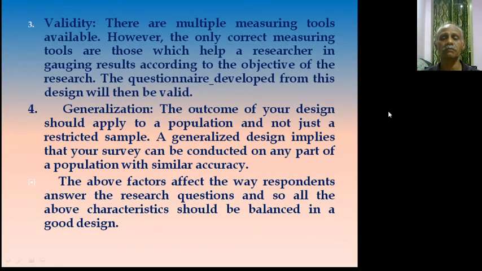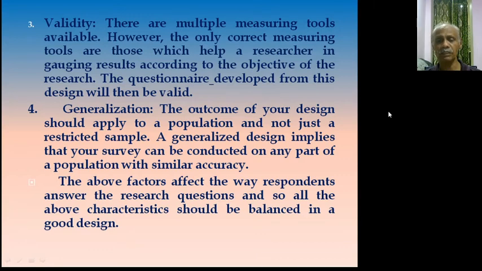The third one, validity. There are multiple measuring tools available. However, the only correct measuring tools are those which help a researcher in measuring or gauging results according to the objective of the research. The questionnaire developed from this design will then be valid. Fourth one is generalization.